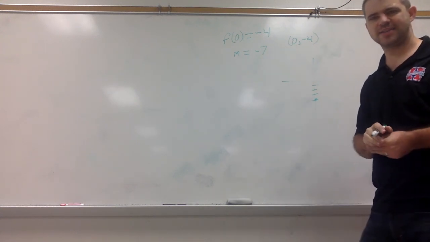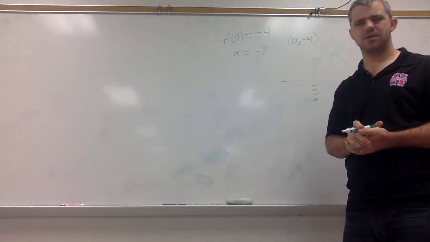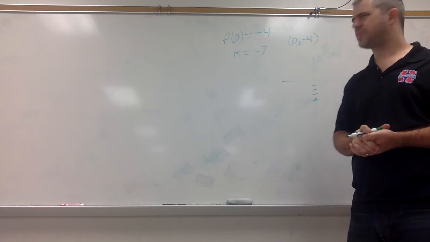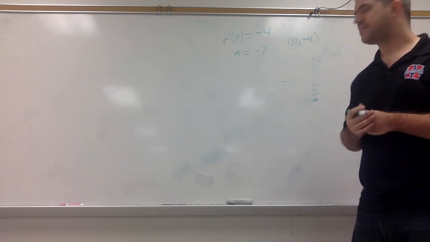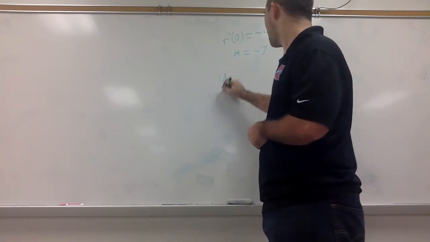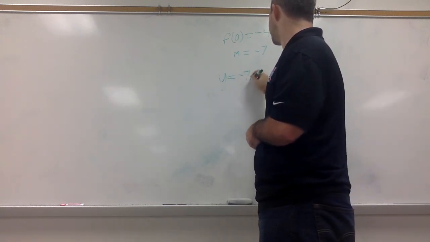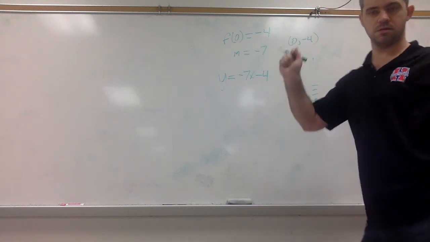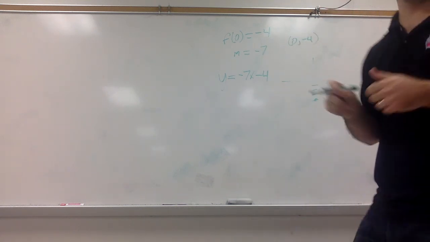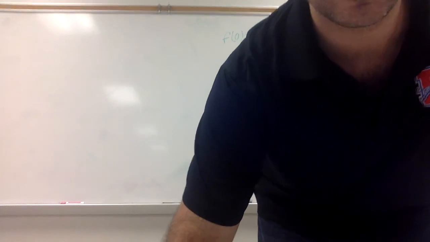It's on the y-axis, it's the y-intercept. Oh, so they gave me a slope and my y-intercept? Well, I better put that in slope-intercept form. y equals -7x minus 4. All right, next problem.